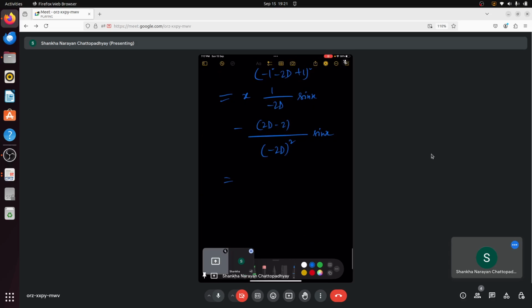So this will be x, and 1 by D means you have to integrate sin x, because the inverse of the D operator is integrate once. So sin x, your integration will be minus cos x.